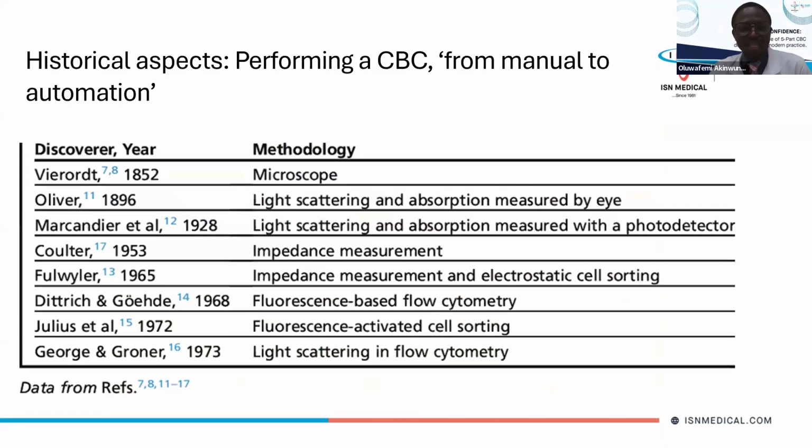Now, a little bit more on the historical aspect, but just because of time, let me quickly go to what happened in 1953. Mr. Wallace Coulter developed the impedance measurement.